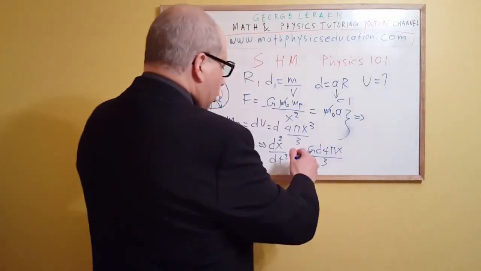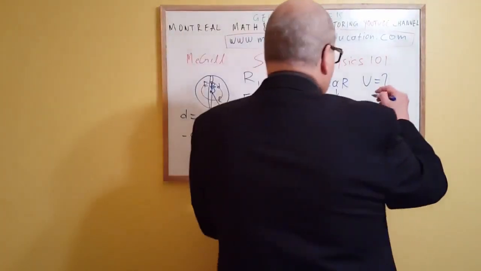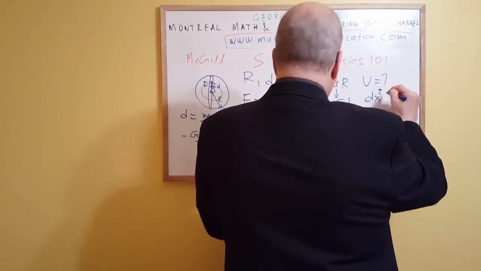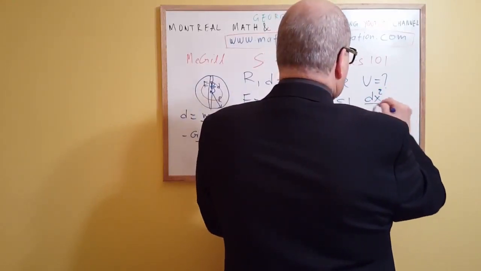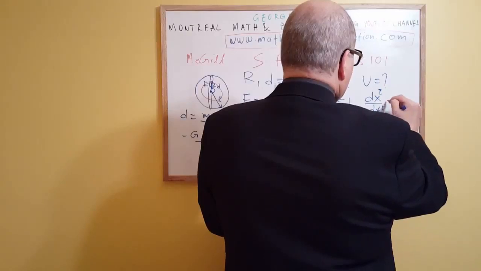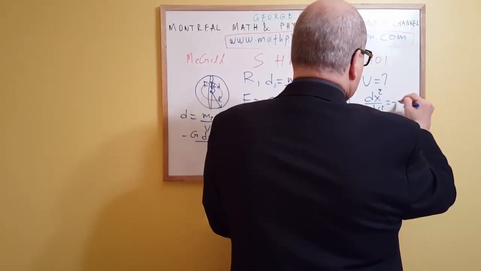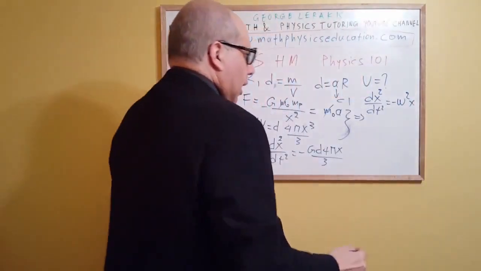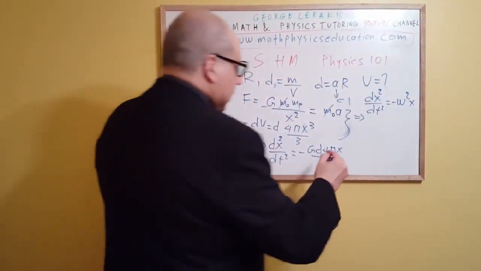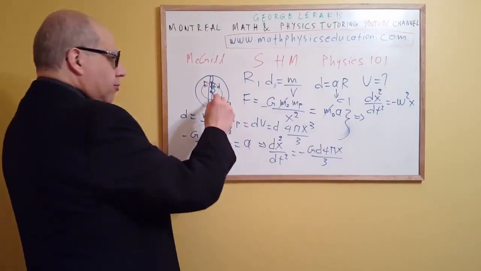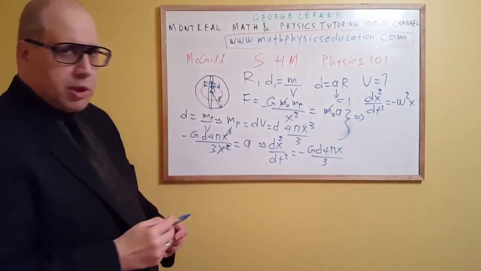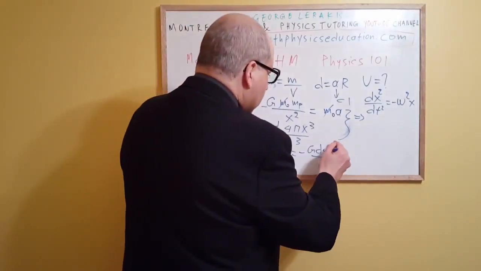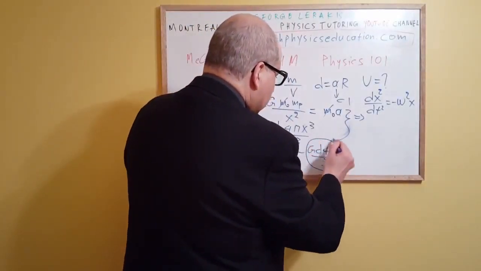And if you compare this equation with, of course, the equation d²x over dt² is equal to minus omega squared x, that means that omega squared for this simple harmonic motion will be equal to this here.